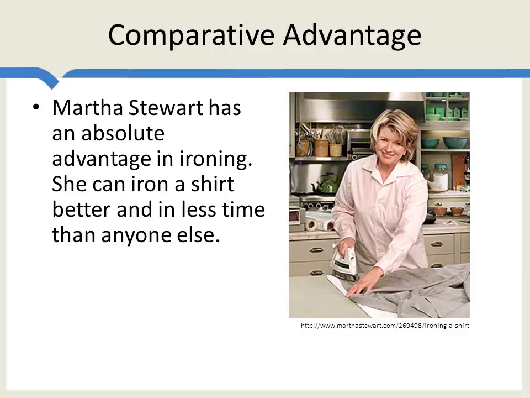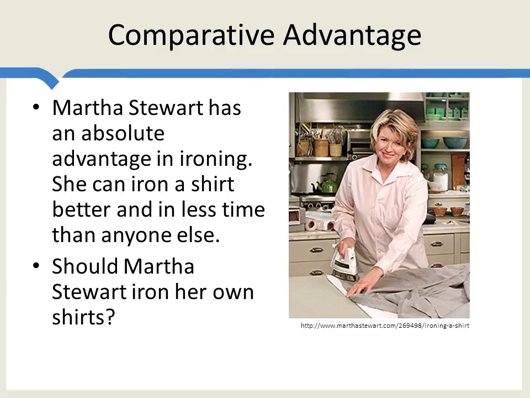So, if Martha Stewart has an absolute advantage in ironing, should Martha Stewart iron her own shirts? And of course the answer here is no. Why not? Well, every hour which Martha Stewart spends ironing her shirts is an hour she's not spending doing something else which is even more valuable, running her own business, for example, running her billion-dollar business.